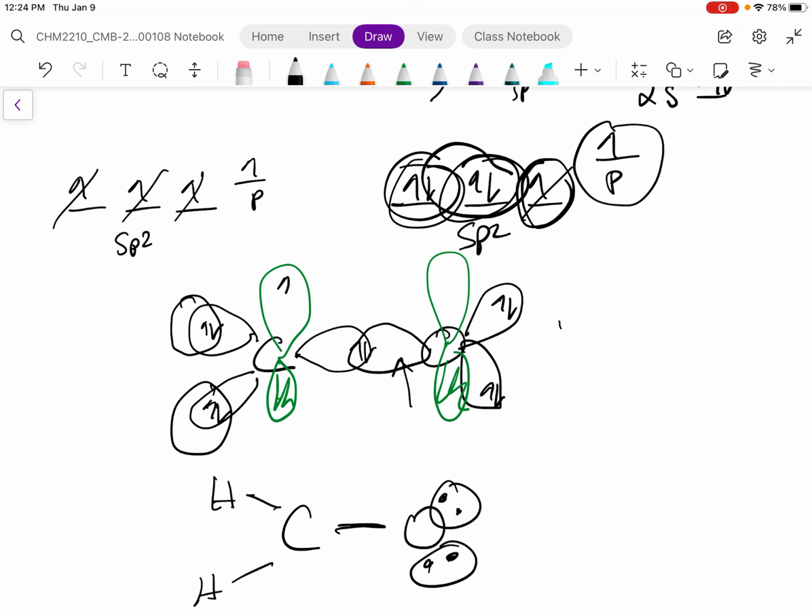So you're going to see questions like, you'll see this molecule and I'll point to a lone pair and be like, what orbitals are they in? And you'll be able to answer that. Just draw the configuration that I'm doing here. And then we account for that electron there. And now we have the pi bond above and below that plane, which is going to account for that bond right there.